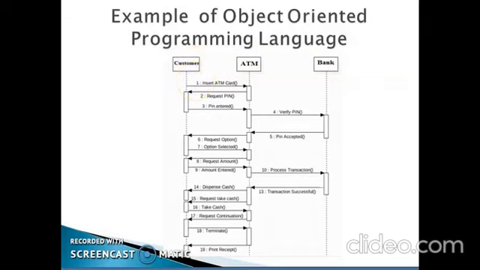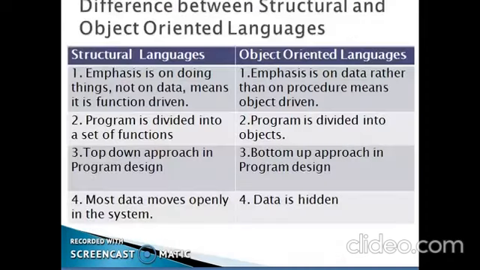Let us now see the difference between a structural programming language and an object-oriented programming language using a tabular format. If you consider a structural programming language like C, the focus is mostly on functions rather than on data.